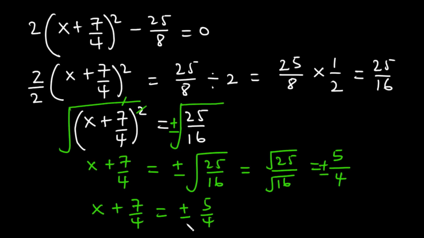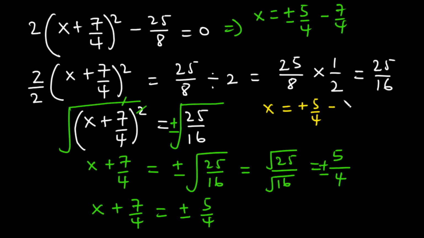Now to find the values of x, we are going to transpose 7 over 4 to the right hand side. So it's going to be x is equal to plus or minus 5 over 4 minus 7 over 4. So we are going to have x is equal to plus 5 over 4 minus 7 over 4.